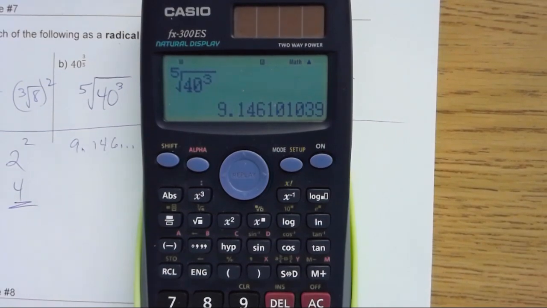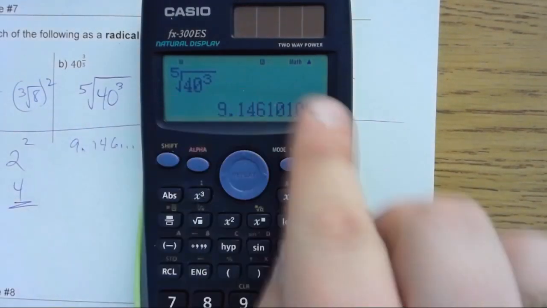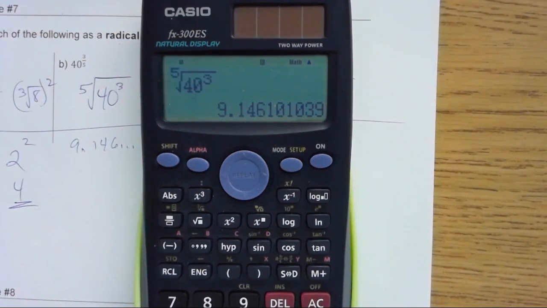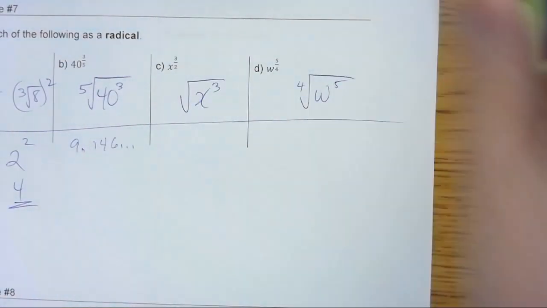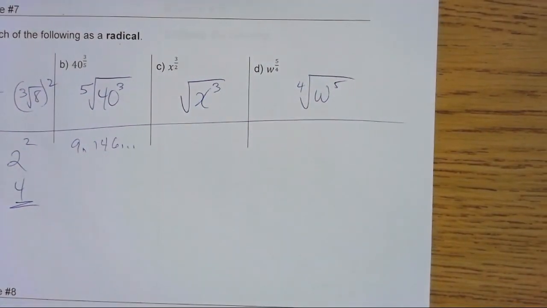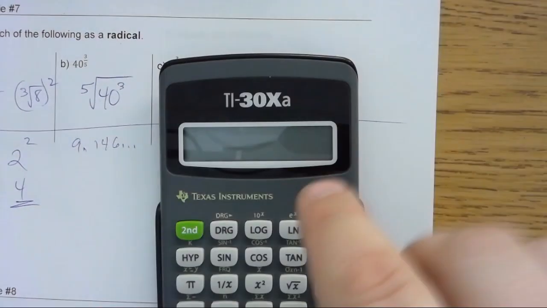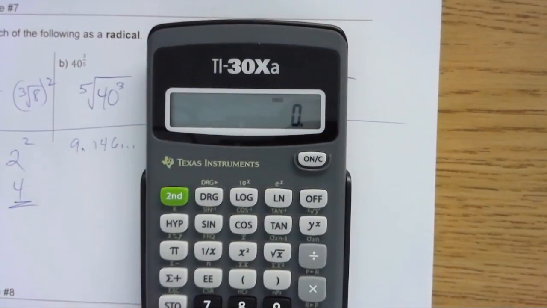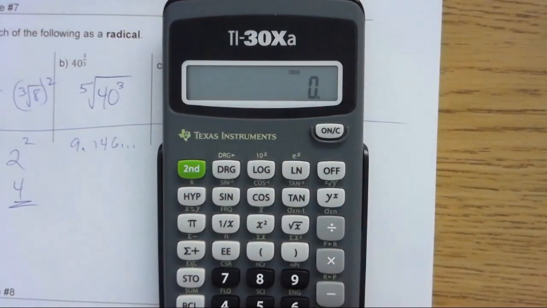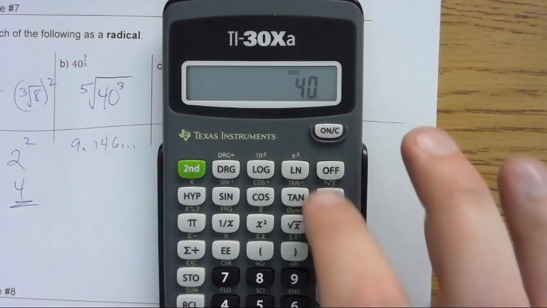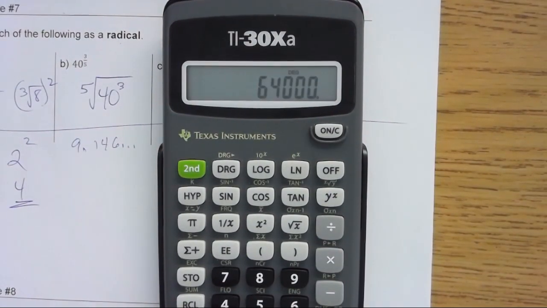Anybody got a very basic calculator where it doesn't show you what you're actually typing in as you type it on the top? Can I borrow yours? In case anybody's watching this video and they have a calculator like this, this one takes a little more work, but it still can do the job. Again, I can do it either way. I can go 40 cubed, and then I want the 5th root of that. So now that it's on the screen, my xth root button is here.